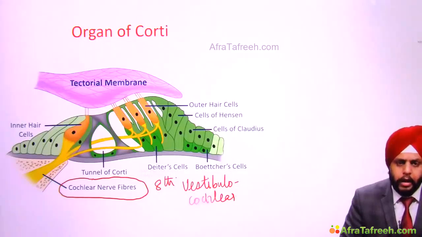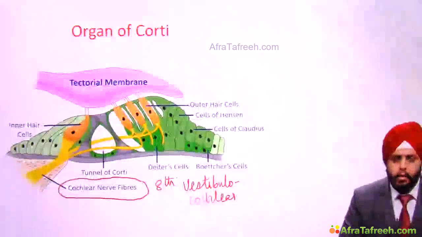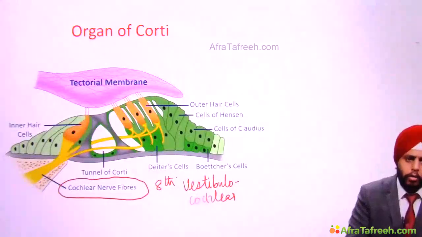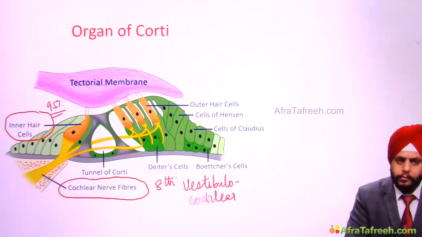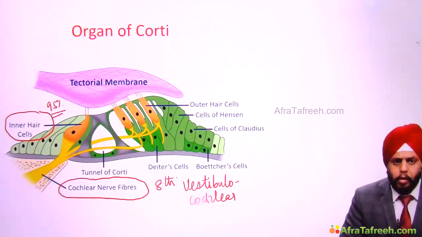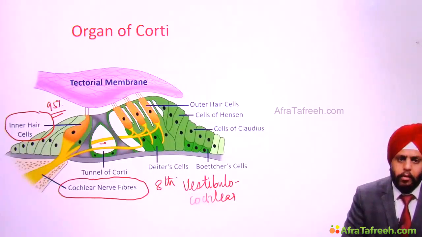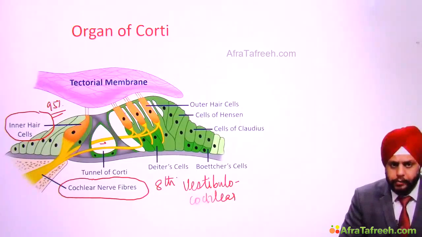Now some people ask, from where does this cochlear nerve start? Although the inner hair cells give 90% of the stimulus, that means 90% of the fibers are at the inner hair cells, the 5% stimulus is also by the outer hair cells.